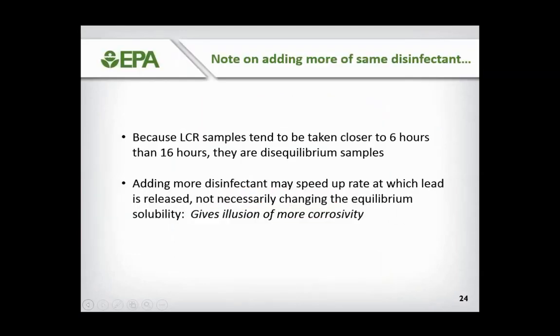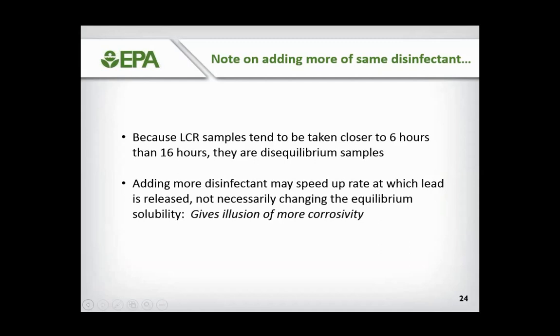Now, some people get confused when you add more disinfectant. They think that it's increasing corrosion, but lead and copper rule samples tend to be taken in the 6 to 16-hour range, but more likely closer to 6 hours, because that's the practical standing time overnight or during the day for consumers. So you're not really in equilibrium condition, so there's still a chance the lead levels would normally go up over time before they plateau out.